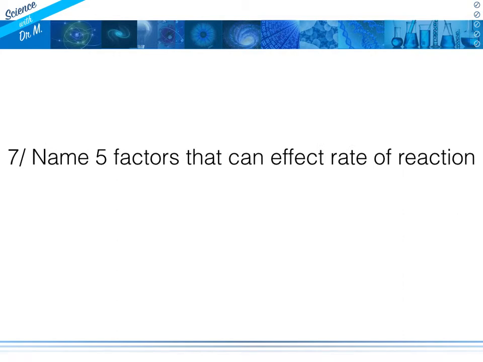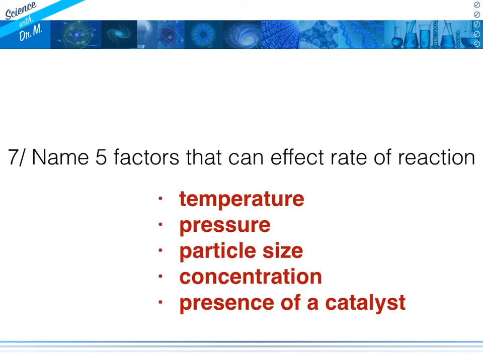Question number 7. Name 5 factors that can affect rate of reaction. And the 5 things are temperature, pressure, particle size, concentration, and presence of a catalyst. Okay, number 8.